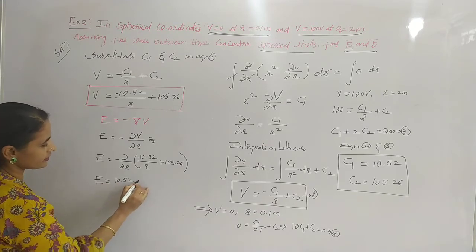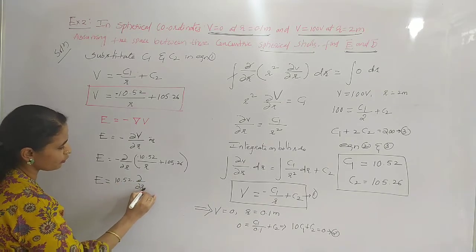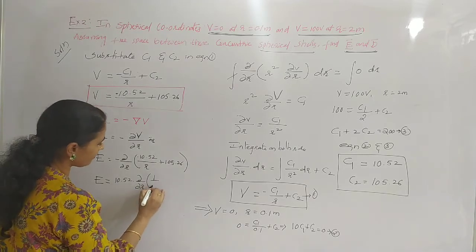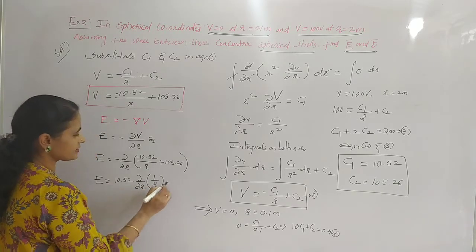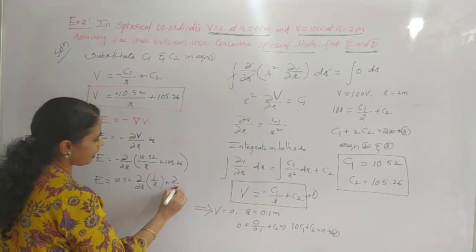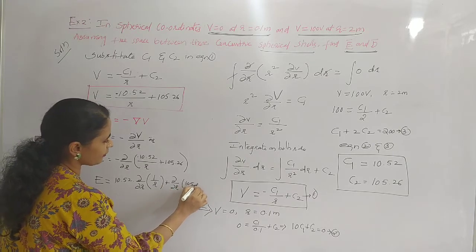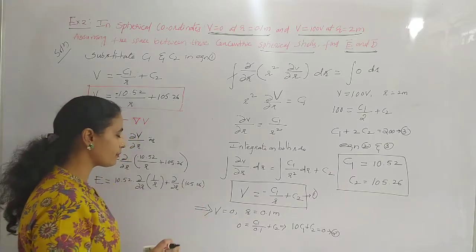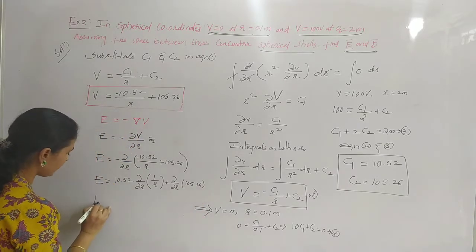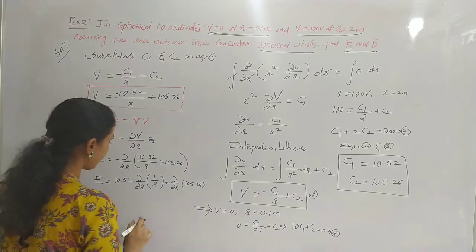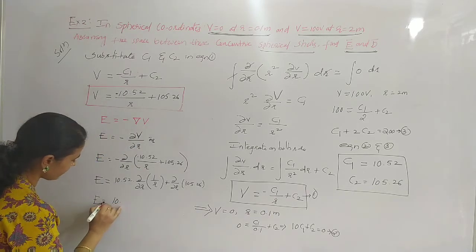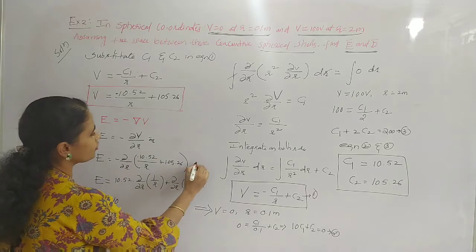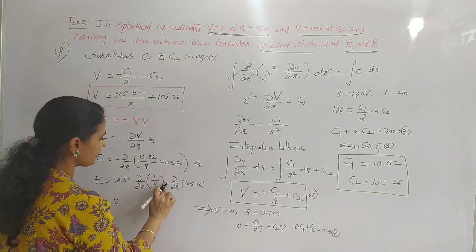105.26 is taken as a constant. So left is dou by dou R of 1 by R, plus dou by dou R of 105.26, which means differentiation of a constant, and it will become 0. So electric field E is written as 10.52 into AR.